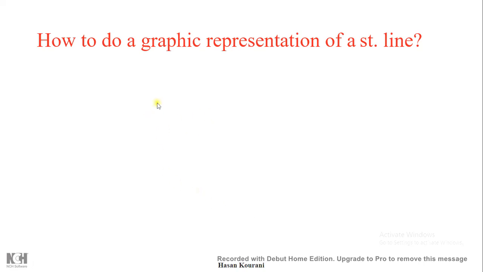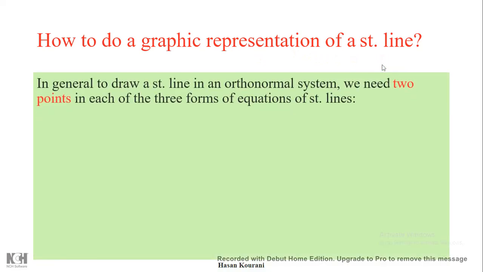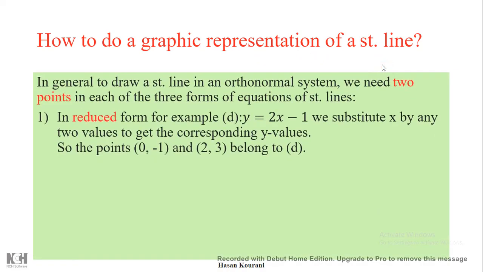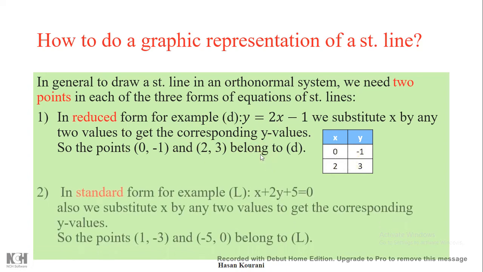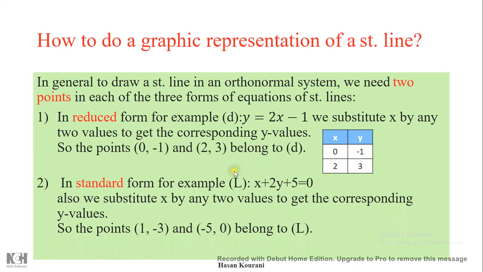This is, till now, how to do a graphic representation of a straight line. In general, to draw a straight line we need 2 points, as you know. In the reduced case, we simply give x any 2 values to get y, and we get 2 points: (0, -1) and (2, 3). Do them briefly since you know them. In the standard equation, similar to the reduced case, we give x or y any value to get the corresponding values.